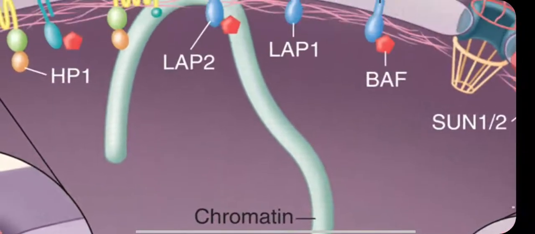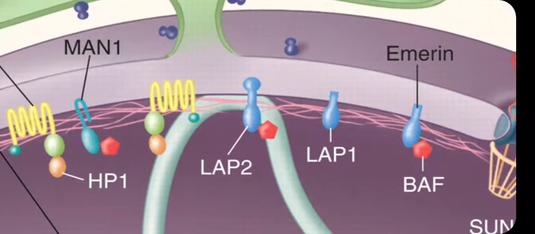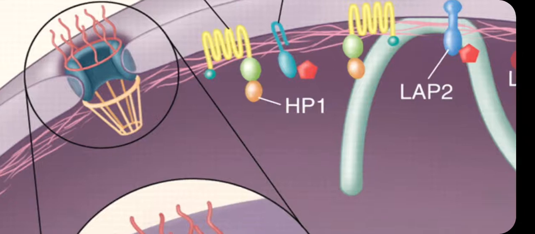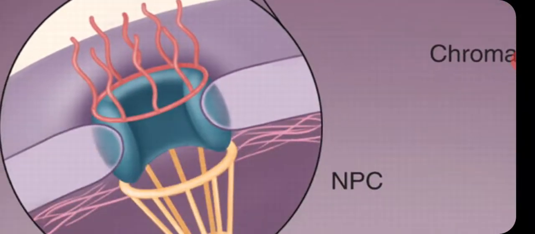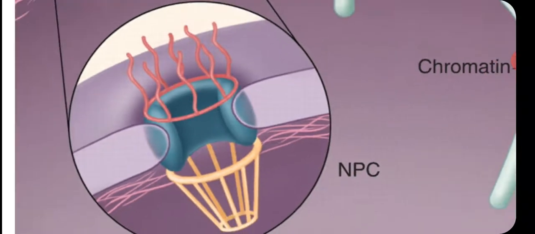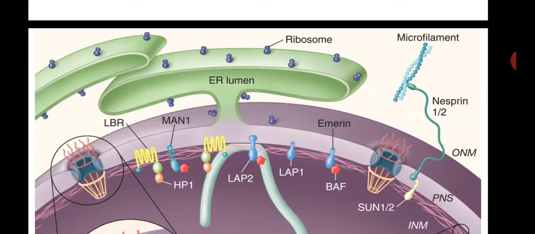This is chromatin, which binds to the inner membrane of the nuclear envelope, and this is the nuclear pore complex. It is a magnified view. So this is a clear-cut nice picture.